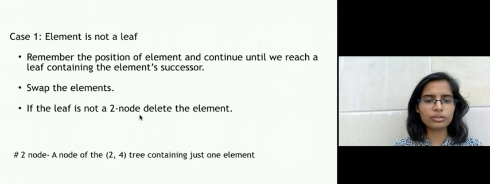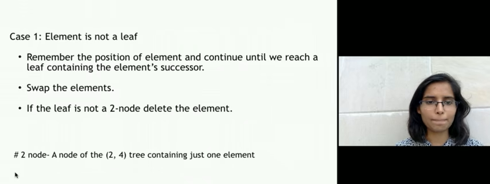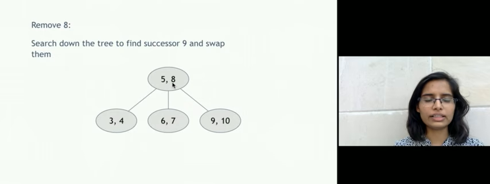Similarly, the 2-node terminology that I used here means a node of a 2-4 tree containing just one element. It's similar to the 3-node and 4-node leaf definitions. So we have to remove 8. 8 is not a leaf. 8 does not lie in a leaf node. So what we do is we search for its successor. So 8's successor would be found if we move right. But since this tree just has one node, we are done with our search.